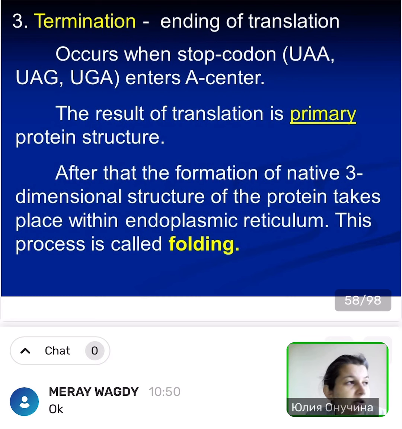And this process, formation of secondary, tertiary, and quaternary levels of protein, we call folding. Remember this name, folding. This process goes into endoplasmic reticulum. Next slide.